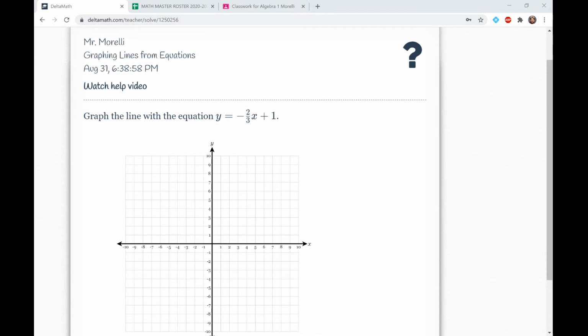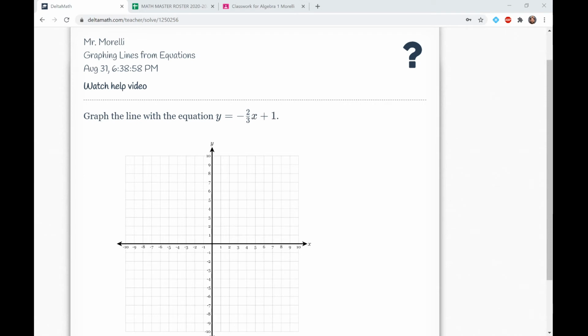Now let's do our analysis, ladies and gentlemen. The very first thing we do is look at that number on the end and ask what that number is. That number is the y-intercept. It's where it crosses the y-axis, and it crosses at positive 1. So we go over here to positive 1 and put a dot.